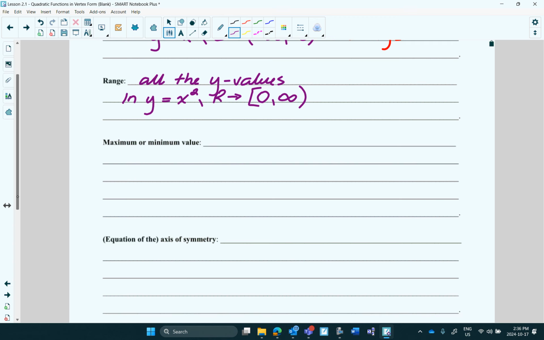The maximum or minimum value is really what we're talking about. We're referring to the vertex. It's the y coordinate where the parabola maxes out or tops out.